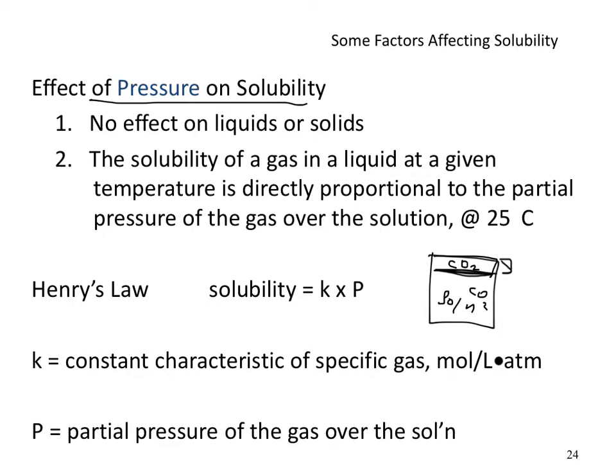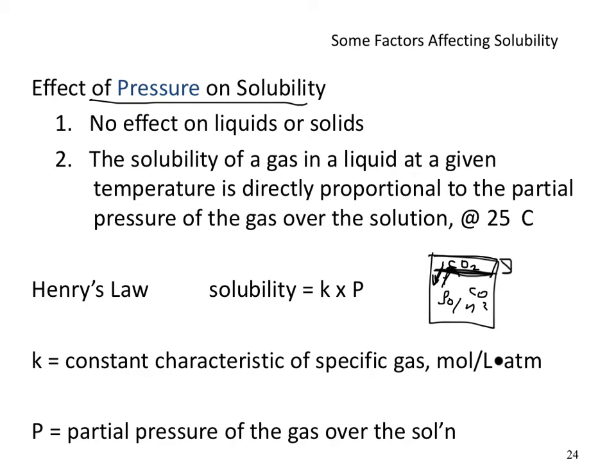Because we are maintaining this additional pressure, there is an equilibrium that is set up between the gaseous and the dissolved CO2, such that the rate at which the carbon dioxide molecules enter the solution exactly equals the rate at which the molecules are leaving. So there is an equilibrium that is set up in the system.